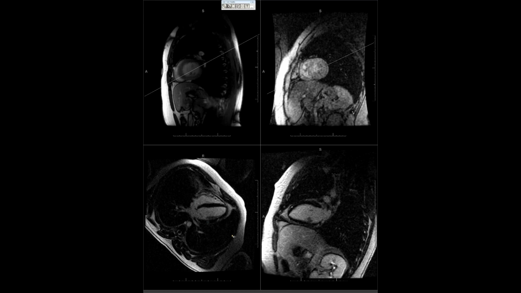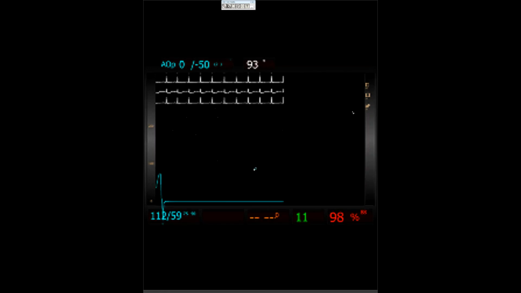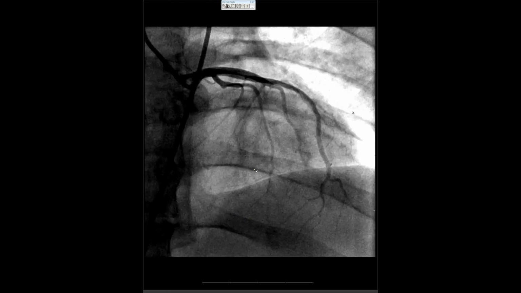So then the patient comes back 6 months later with a similar presentation of chest pain and EKG changes, and went to a cardiac cath. On cardiac cath, in the end, they thought the coronaries were all clean.